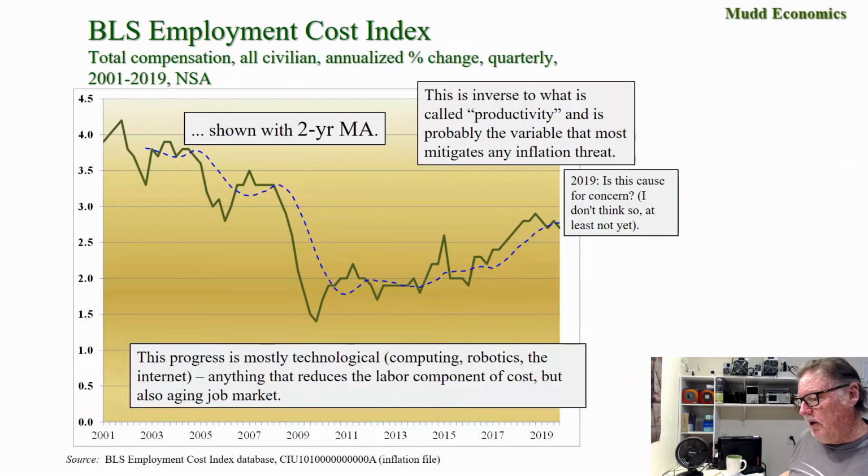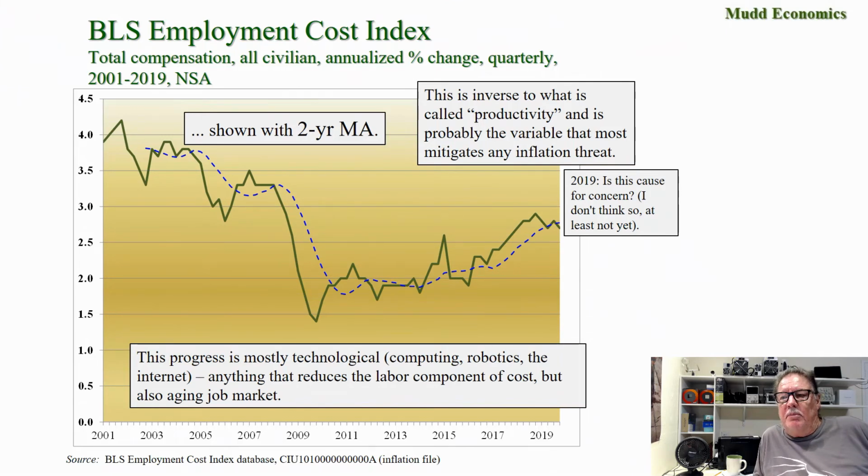Our next measure is the BLS Employment Cost Index. You may recall we saw this once before. We saw this in the discussion of productivity, right? And so this is showing that between 2001 and 2019. Again, this is watched very carefully by the Federal Reserve System as a potential inflationary forewarning when it's rising.